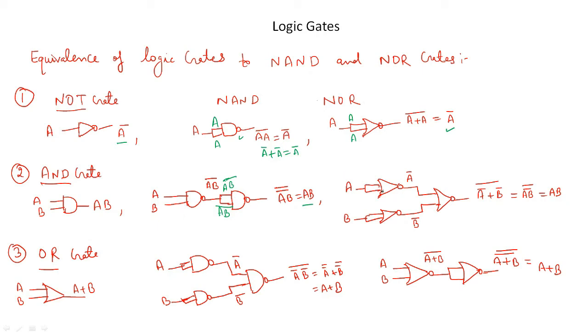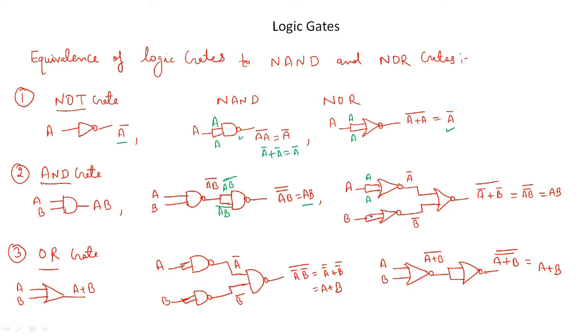Similarly, here this is your NOR gate, and this is input A and this is input B. Now these two inputs are the same for the NOR gate, so your output here will be A bar, because A plus A will be A and the inversion of it will make it A bar.